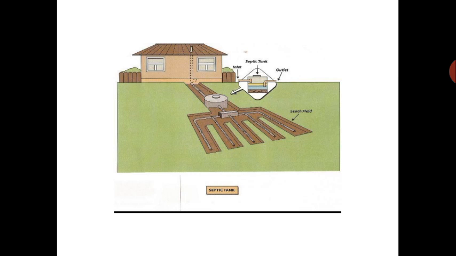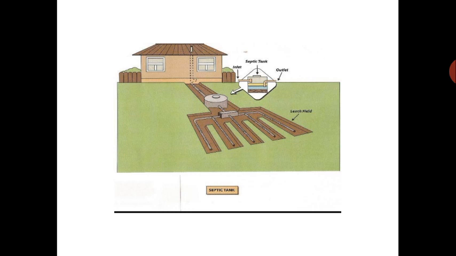This is a typical septic tank system where you can see houses there. The round shape we are talking about is a septic tank. And then after that, your outlet is there. Then you have different trenches there. Trenches are created for the disposal.